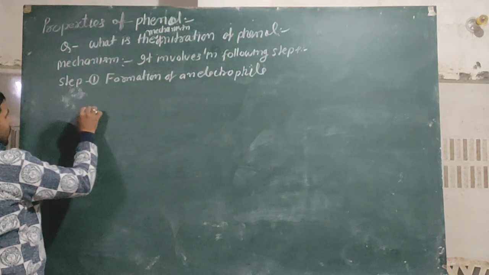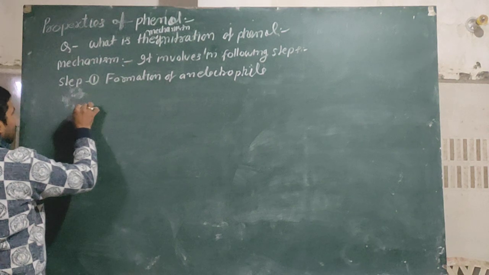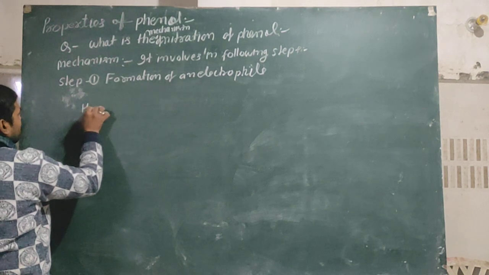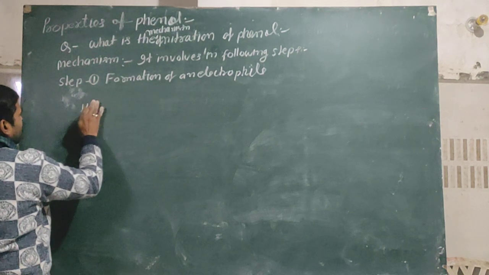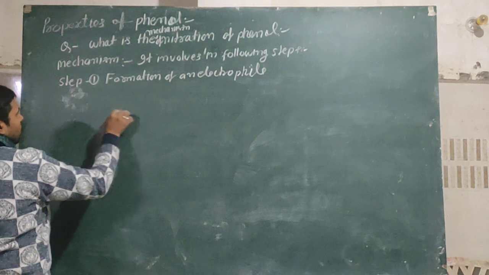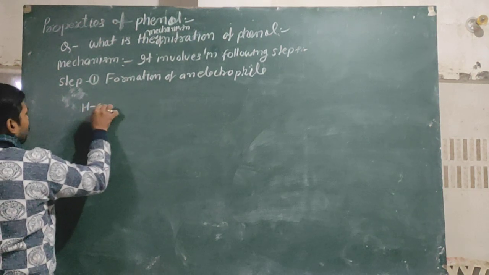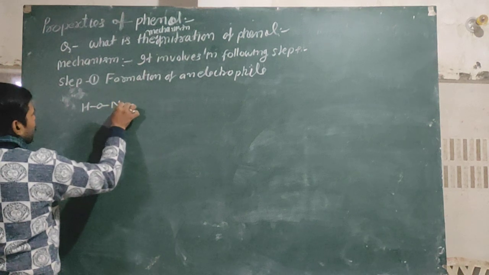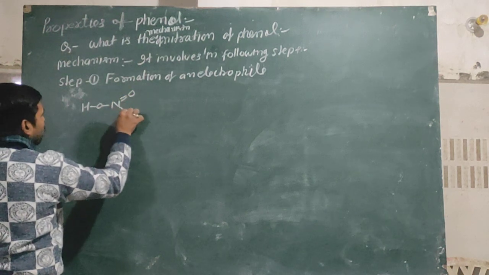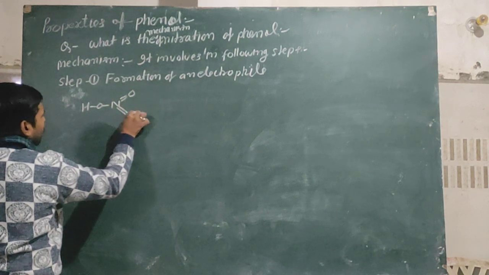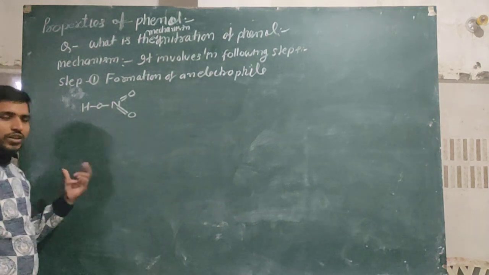When HNO3, like H O N double bond O, N double bond O, it is the structure of HNO3.